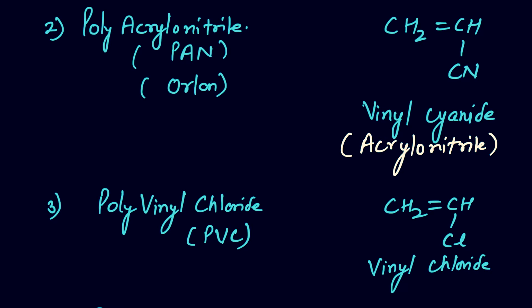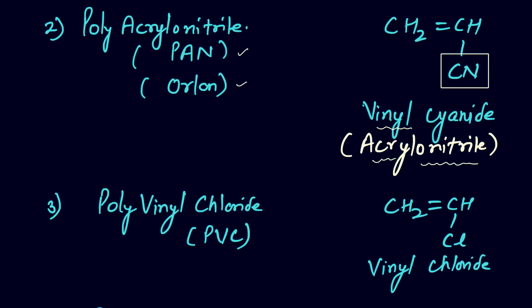The next polymer is polyacrylonitrile. It's also known as PAN or Orlon. So what is its monomer? That is acrylonitrile. So we have replaced one hydrogen with cyanide.